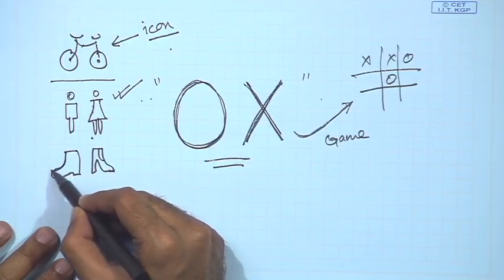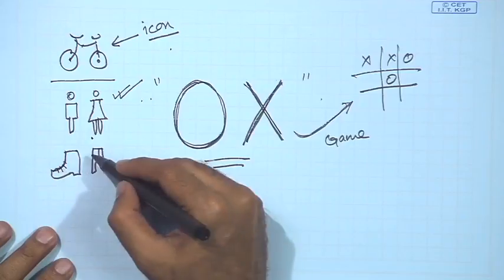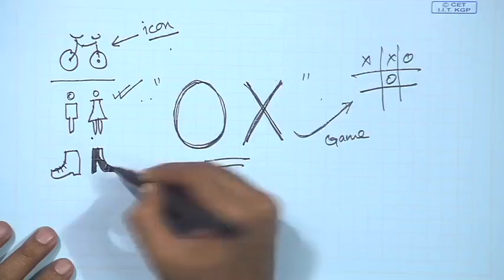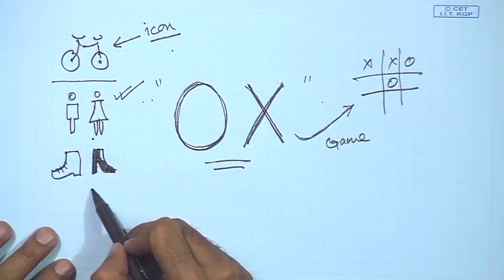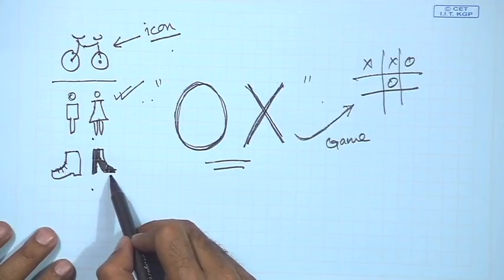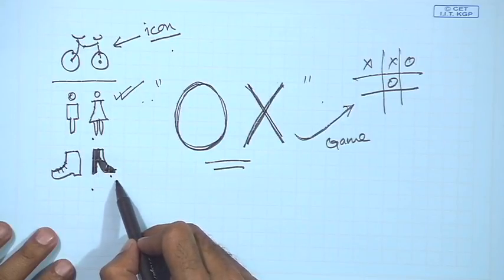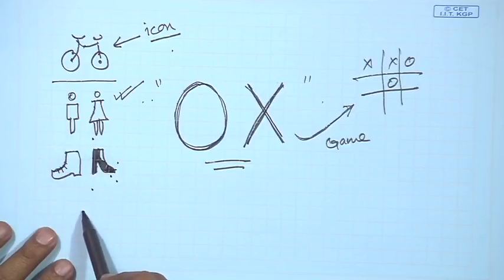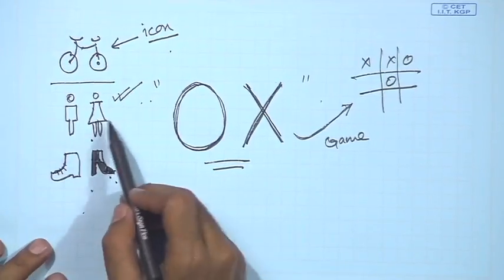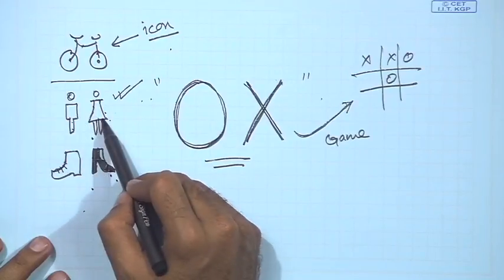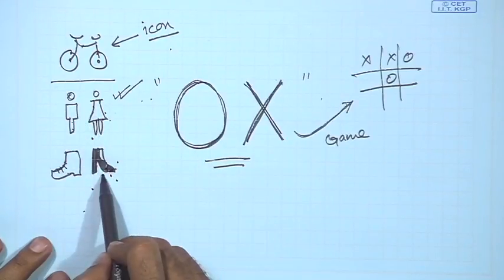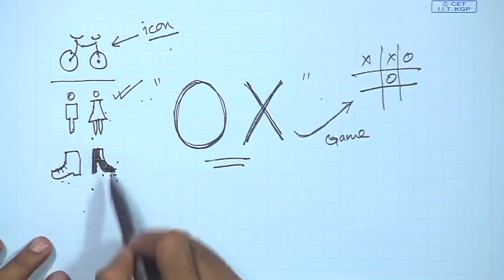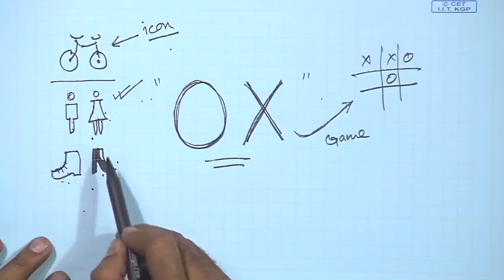This is a guy's shoe, and this is a lady's shoe. Now you see, this is an icon of the shoe, but it is an index of male and female. You understand the difference? This is an icon of the shoe, no doubt, but it is an index of male and female, because there is a causal relationship that you are drawing.